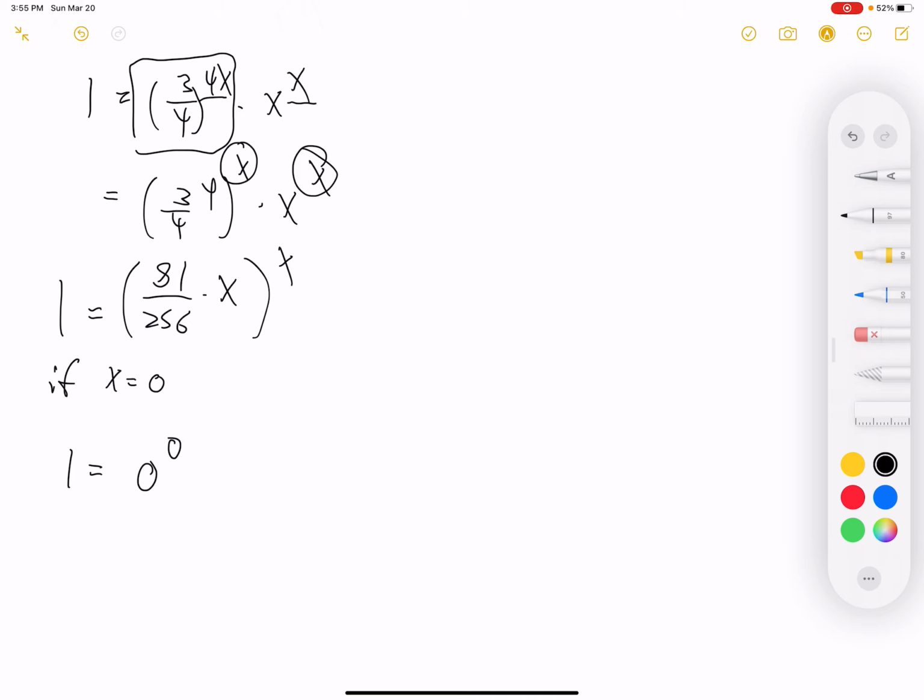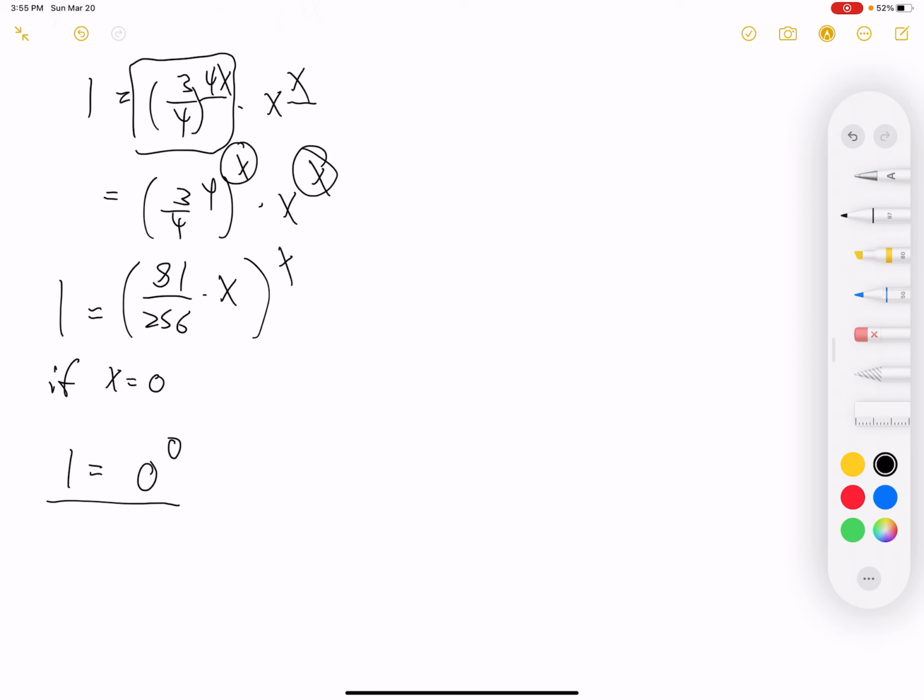Now, this is actually pretty controversial, because some people think that 0 to the power of 0 is 1, while others think that 0 to the power of 0 is 0. We won't get into that today, but clearly, if there's not a very obvious answer, then this won't make the answer something like this.